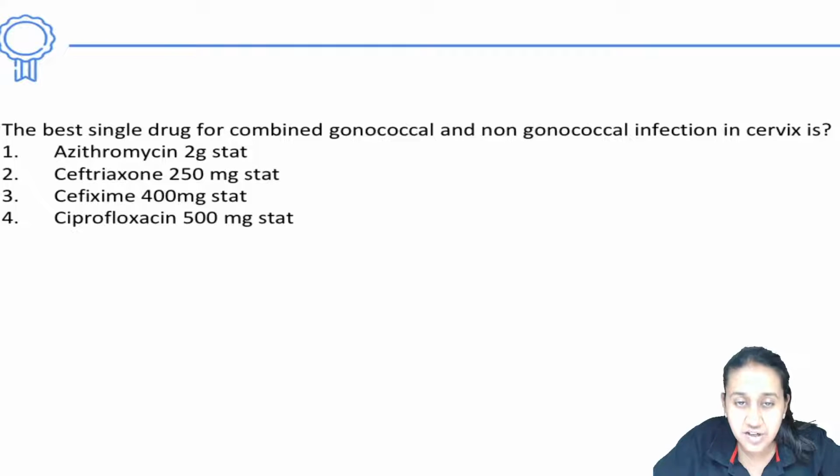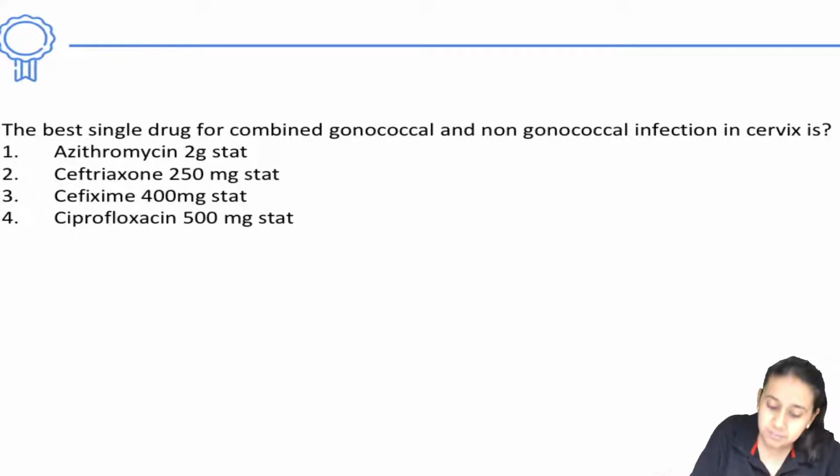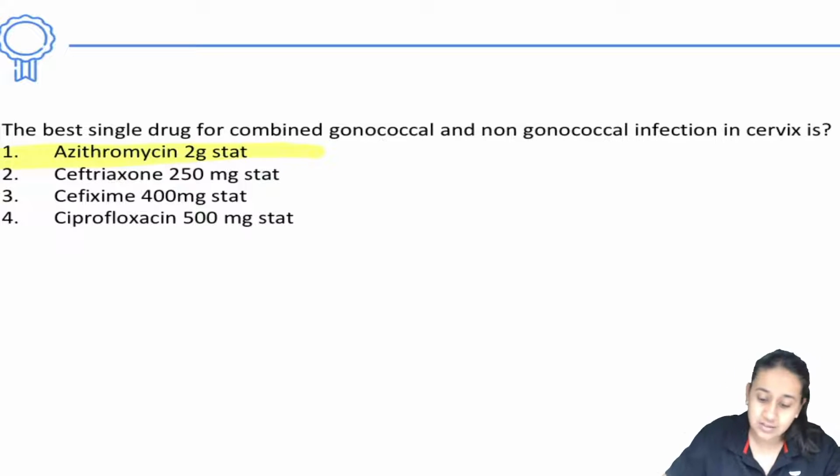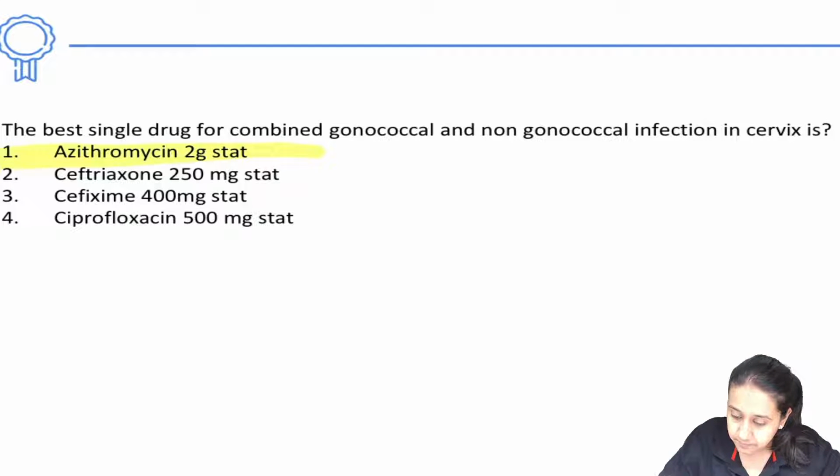Please remember, if you have to choose one drug, it is azithromycin, because ceftriaxone will work on gonococcal, but it will not work on non-gonococcal infections. So the correct answer of this question becomes option number 1, azithromycin.